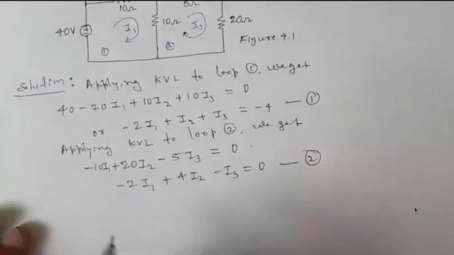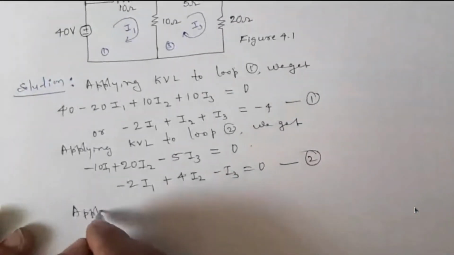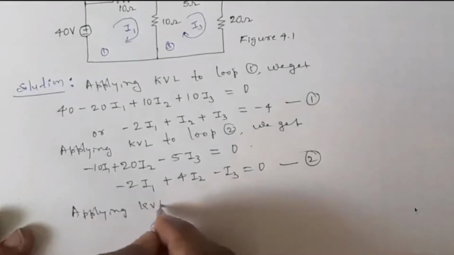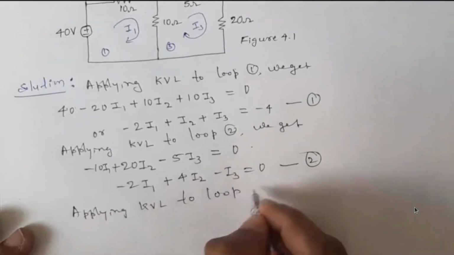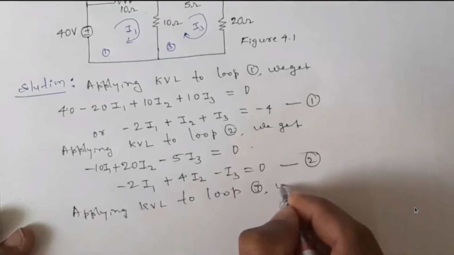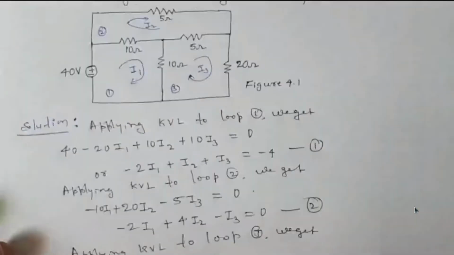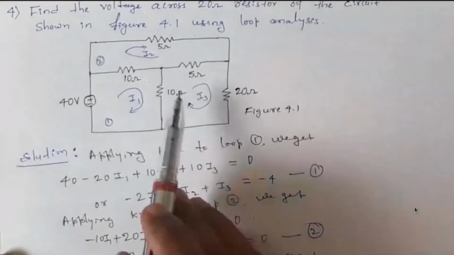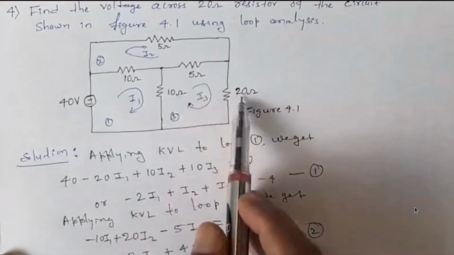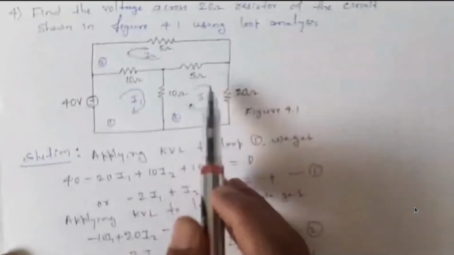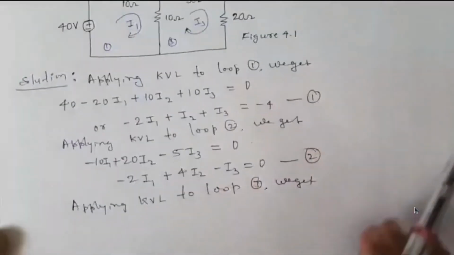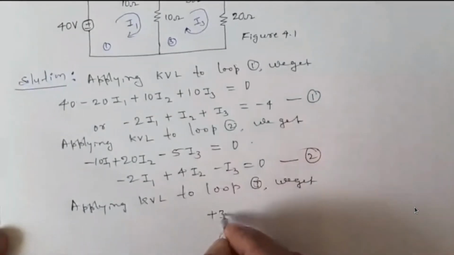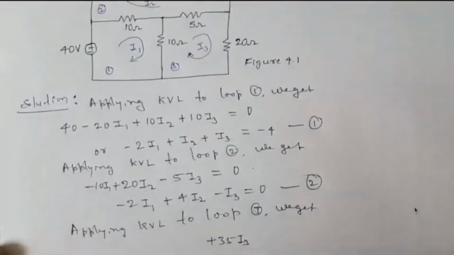Similarly, applying KVL to loop 3, dear students, I am writing this in only one step, so you try to practice this. This is 10, 20, 35. 35 is I3, so plus 35 I3 because this is positive.